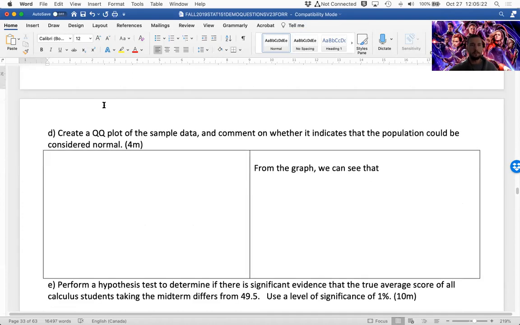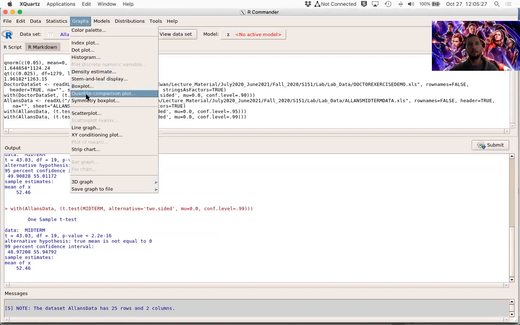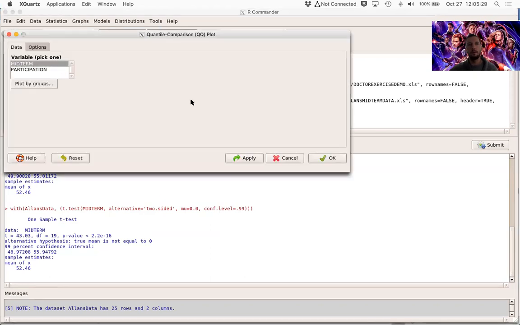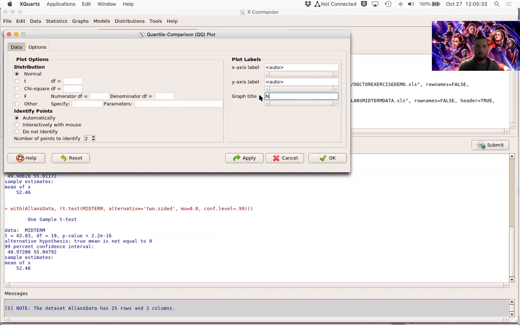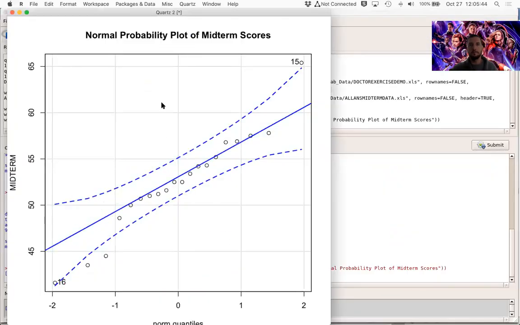So to do this, we go to Rcmdr, we click graphs, quantile comparison plot, we click midterm, and then we go to options. And then we'll have normal probability plots of midterm scores. Click OK. Here's our QQ plot.